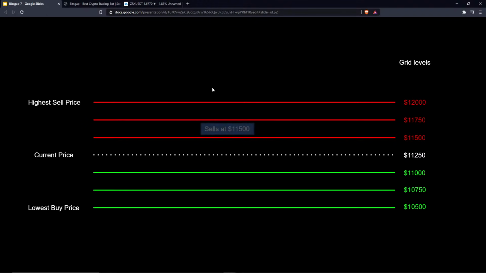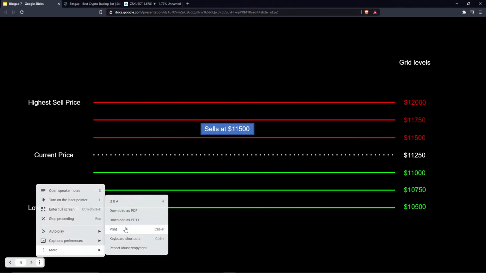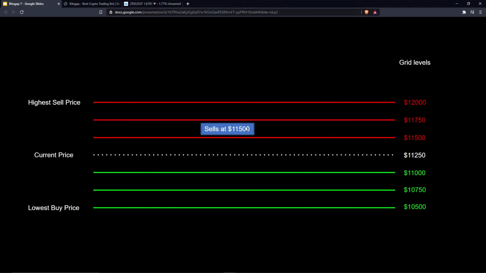Whenever the price triggers the sell order, like you see here in this example, imagine the price is now exactly here at the price of 11,500. So the bot will execute the sell limit order, so it basically sells the base currency to lock in the return in the quote currency, and it takes a big chunk of it to plot a new, in this case, buy limit order.